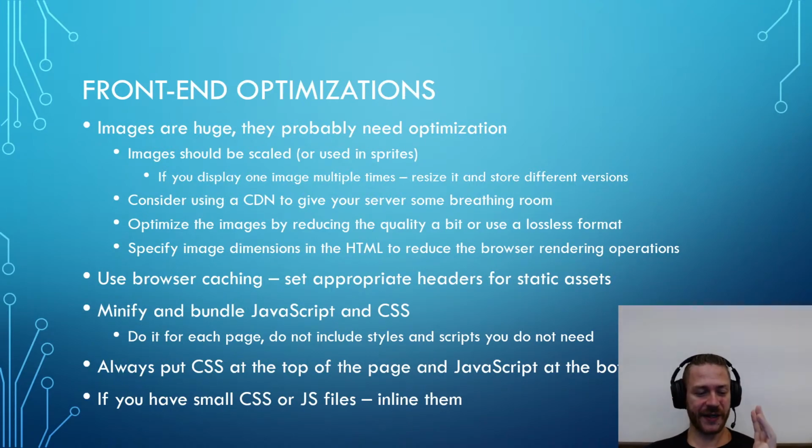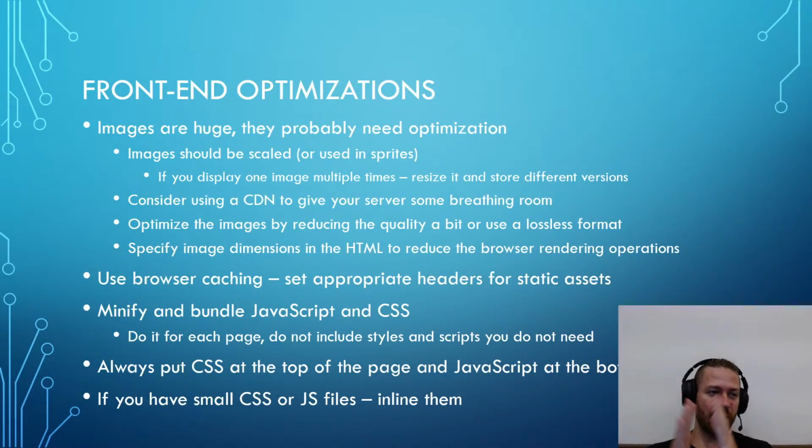So the important thing here is first use a lossless format, for example PNG. Consider the quality to be web optimal, so don't use pictures and images which are perfect quality. Reduce it a bit, but reduce it to a point where the end user won't see the difference.